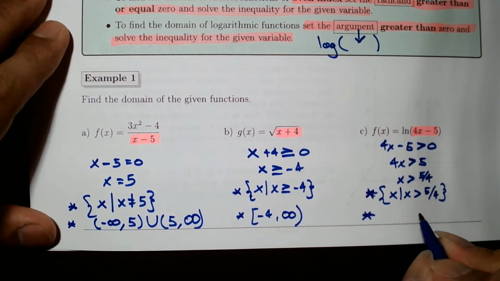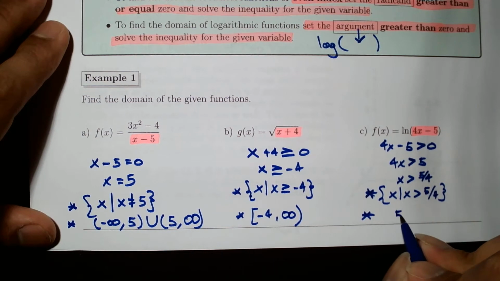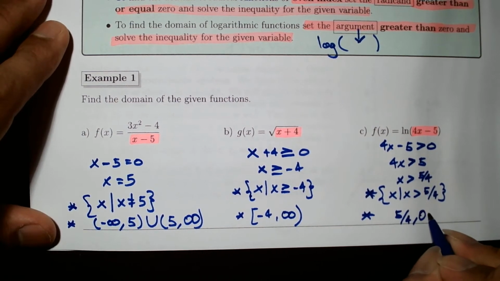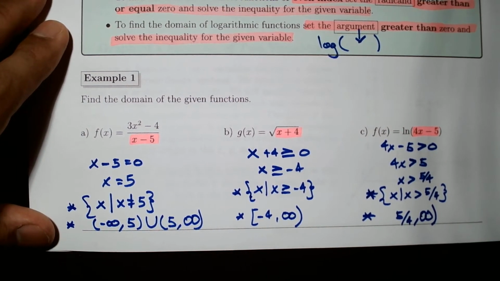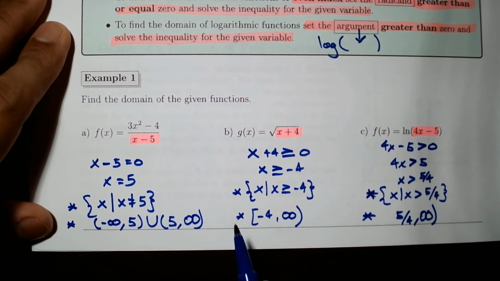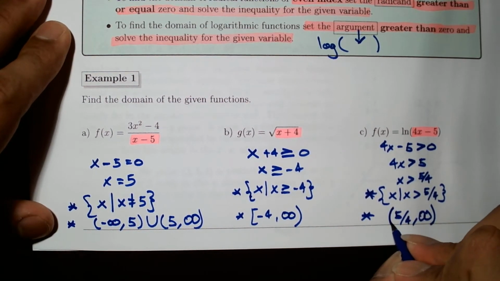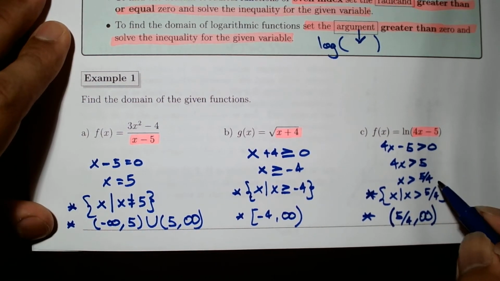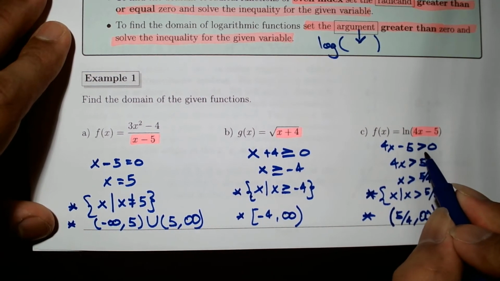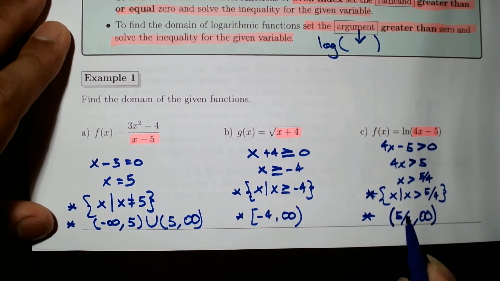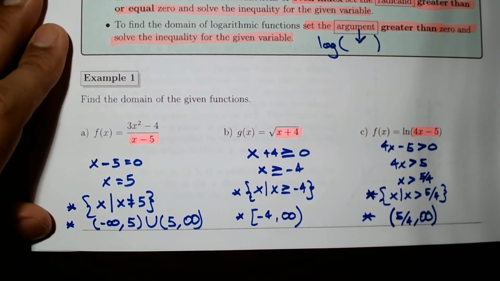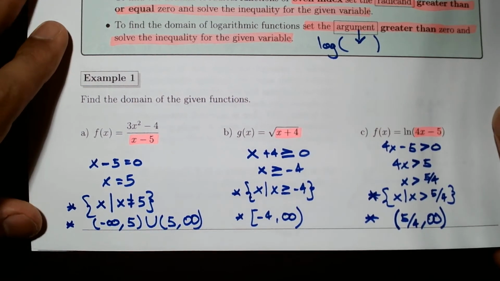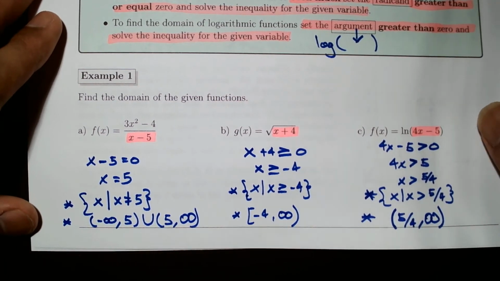Using interval notation, it goes from 5/4 on to infinity. However, as opposed to the previous example, it's exclusive because it's only greater than. Otherwise, if it were greater than or equal, like the other case, we would have used the brackets here. So this is a mini review of how to find the domain of elementary functions.